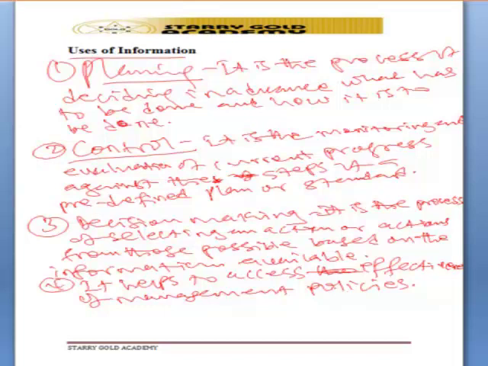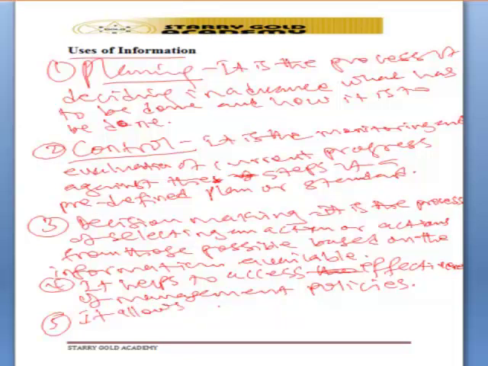If it is effective, they will continue with the policy, they will even improve on it. But if it is not effective, they may have to formulate another better policy. Then it also allows organizations and individuals to plan and operate effectively.